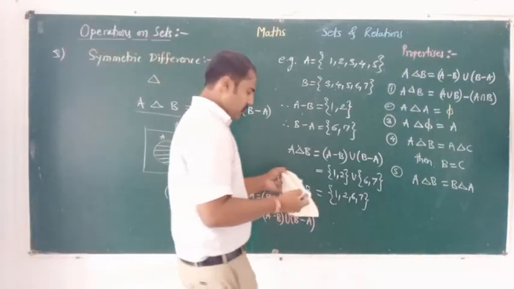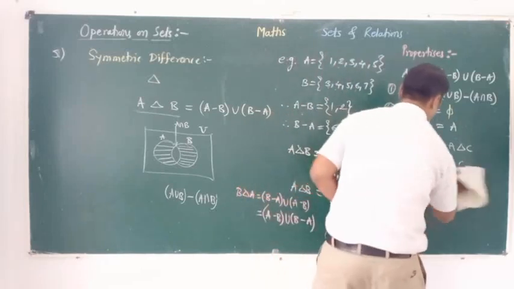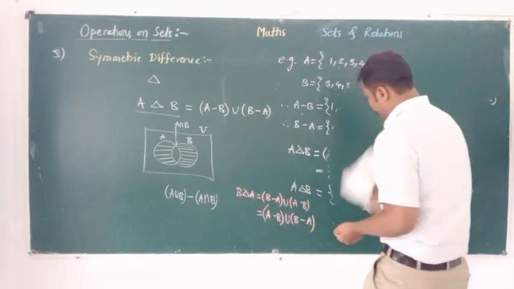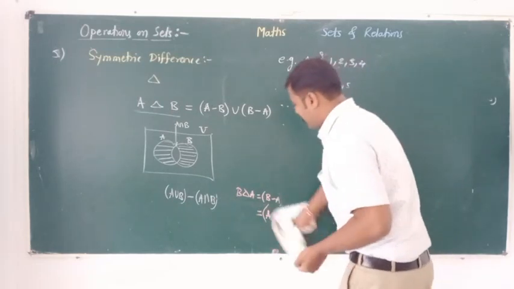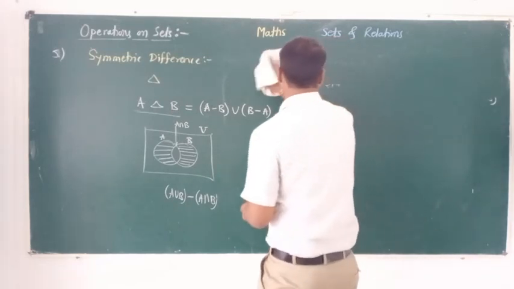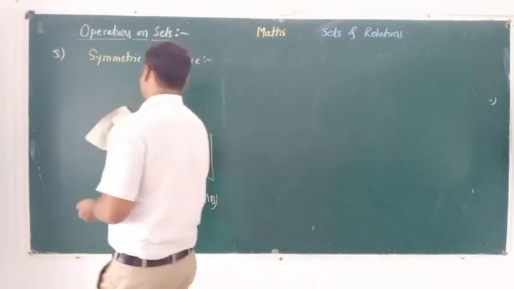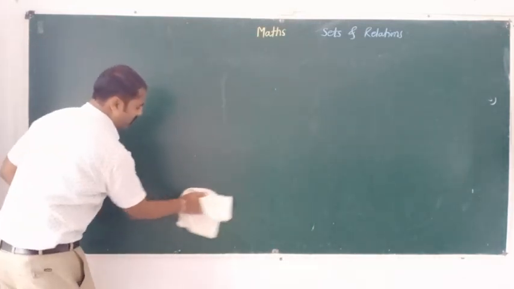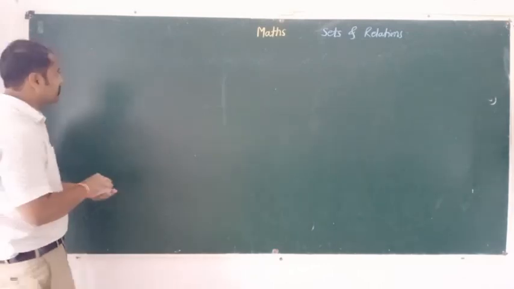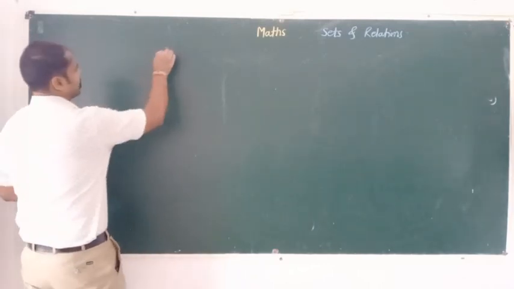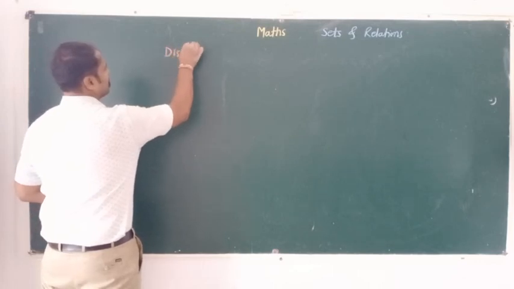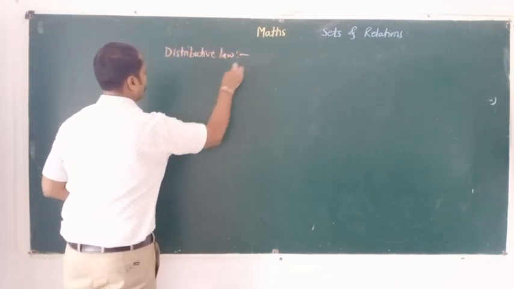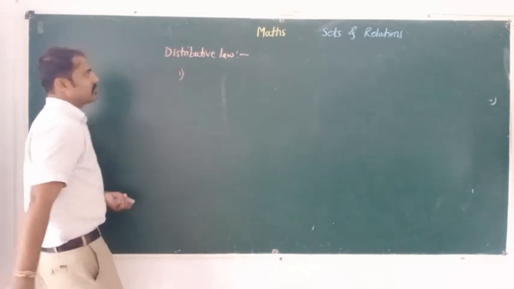Now moving to our next two laws. First one is the distributive law and second one is De Morgan's law. There are two laws for distributive.